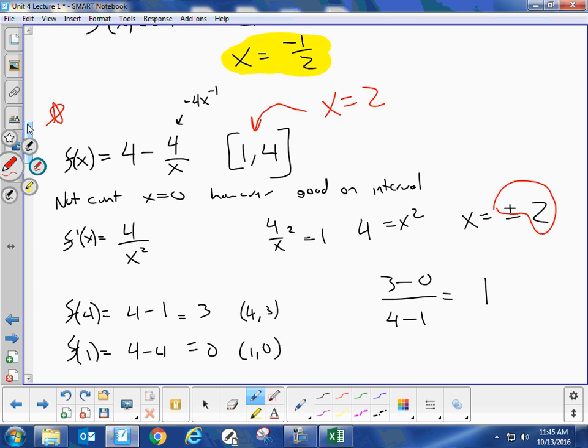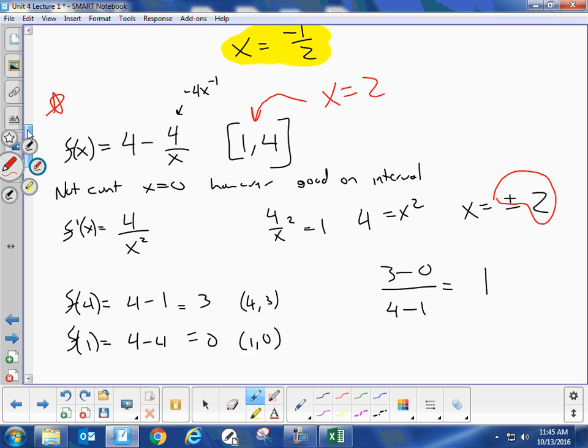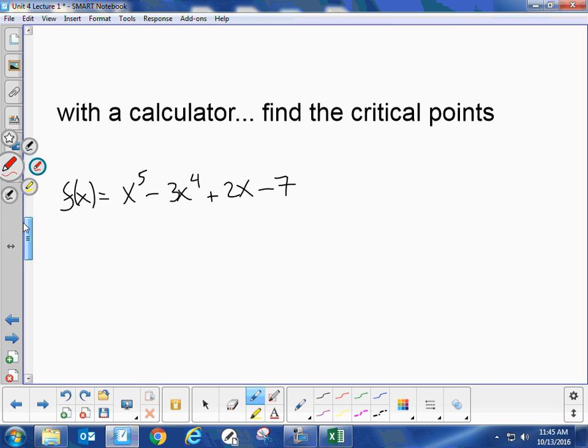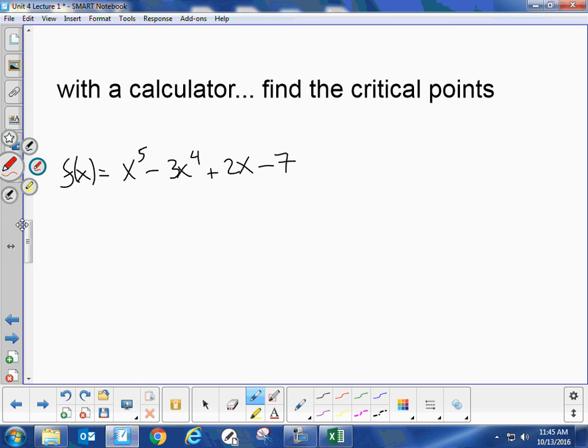Now, get out the calculator. If you grab one of my yellow calculators, go ahead and reset it.